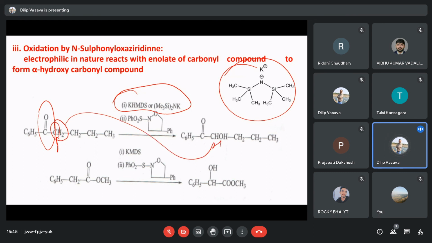In this case, if you look at it, this is the carbonyl group, and next is the CH2, so here the alcohol is going to form in the presence of KHMDS. This is the structure of KHMDS.